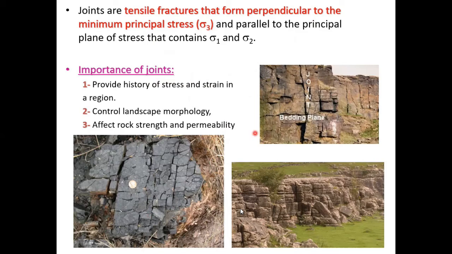Let's share the whiteboard. Okay. So when we have one shear fracture in this direction, another shear fracture in this direction, these two fractures are called conjugate shear fractures.